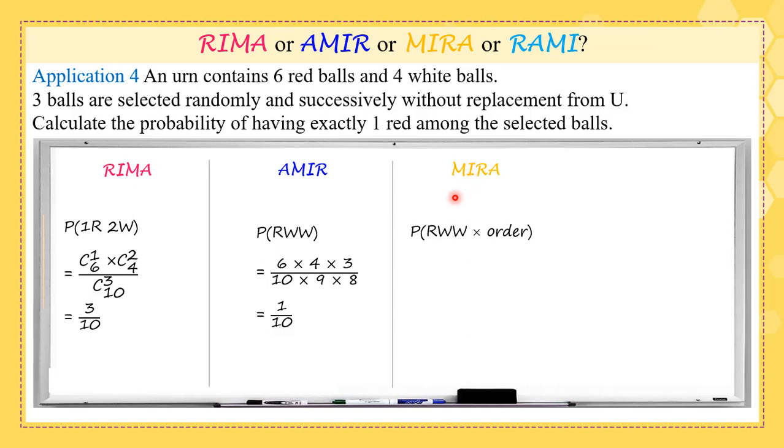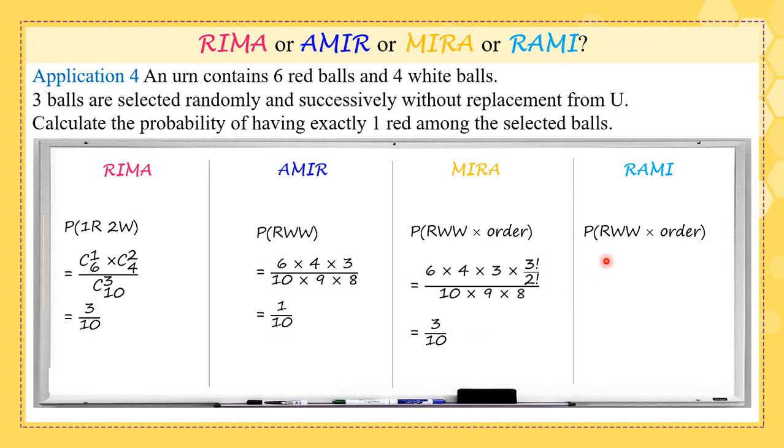Mira said that we need the probability of red W W, but we need to multiply by the order. So the same as Amir, but multiplying by 3 factorial over 2 factorial, and this is the answer. And finally, Rami said that we need the probability of R W W times the order, but he used 6, 4, 4 over 10, 10, 10, which is 36 over 125.